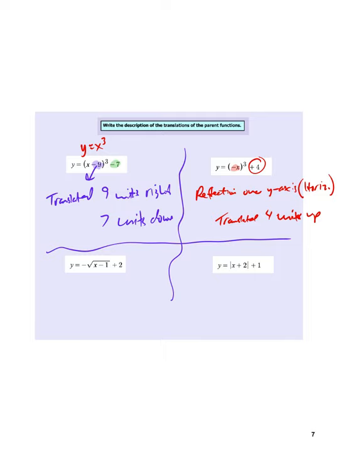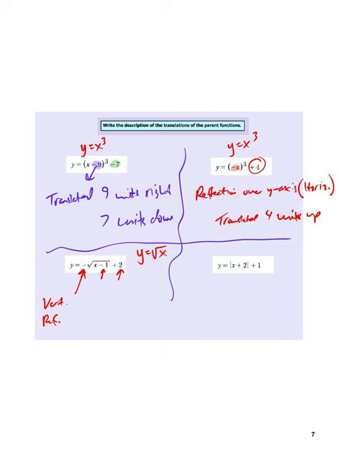And continuing on, here we've got a negative out front, a -1 under the root, and a +2. Our parent function here is root x, just like up here it was x cubed. The negative out front would be a vertical reflection because it's a negative up front.